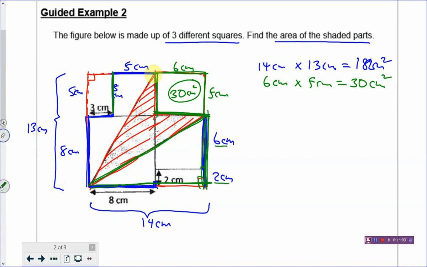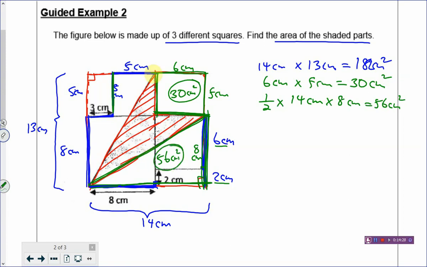The height is 8 cm. So you have half times base times height. And you will get 56 cm square, which is the area of this right angle triangle that you don't want.